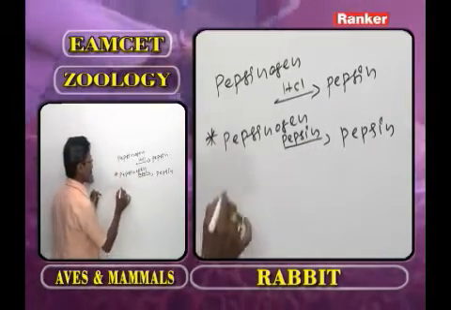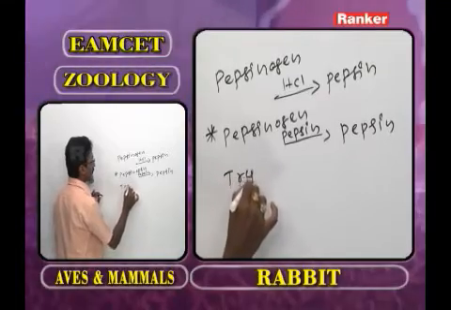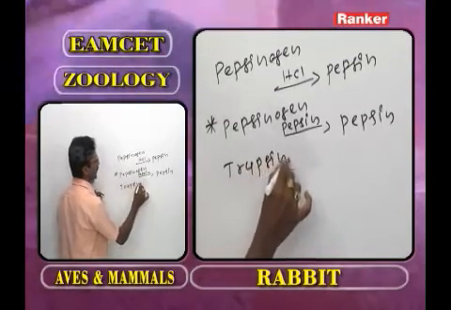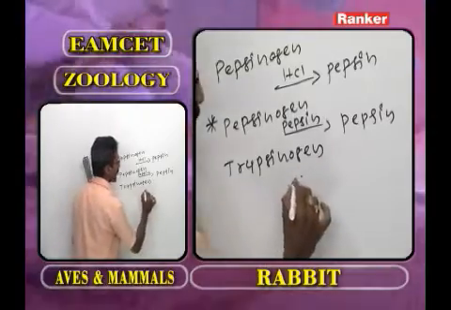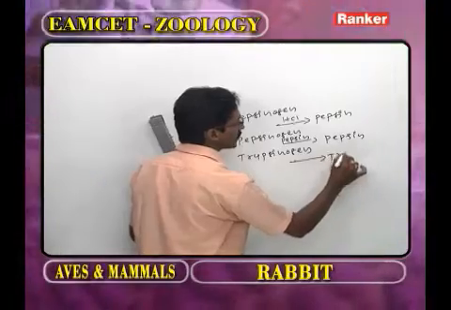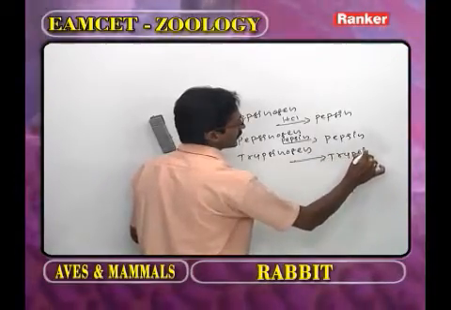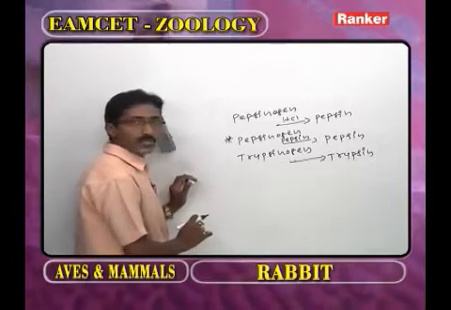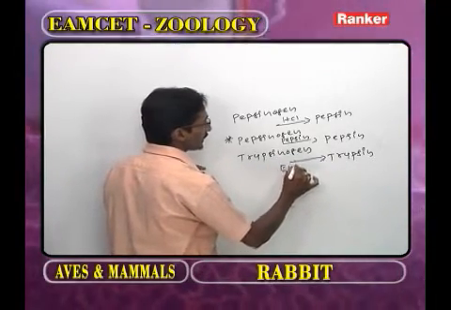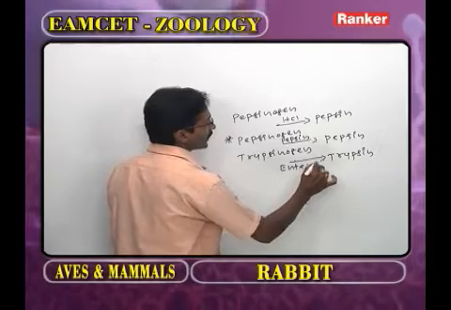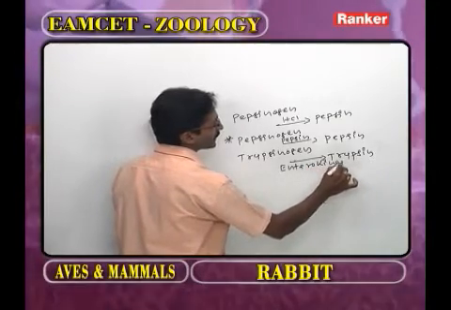What is the second example? Now this is trypsinogen. It is a proenzyme. The trypsinogen is converted into trypsin. Some amount of trypsinogen is converted into trypsin, and here the activator is enterokinase.